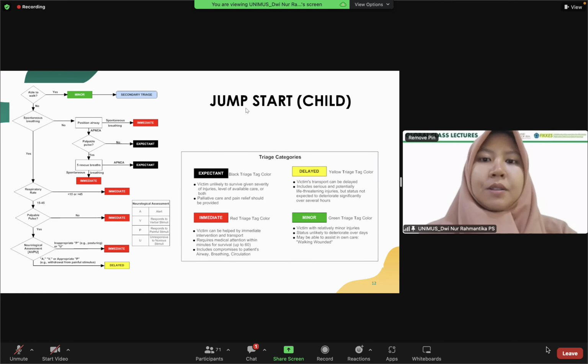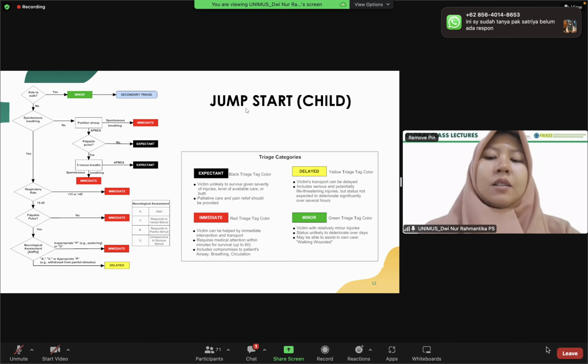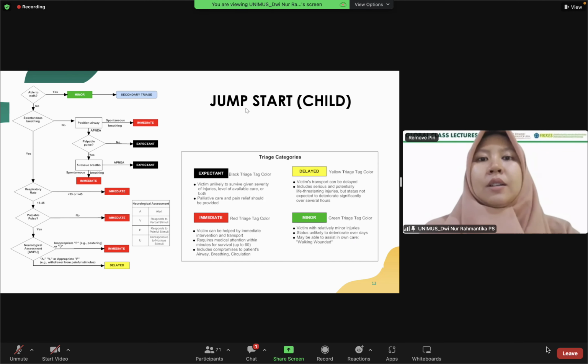So the people or children who can walk are included in the minor or green color. After we separate them from the other victims, we then select which ones are red, black, and yellow. You can see from this algorithm.